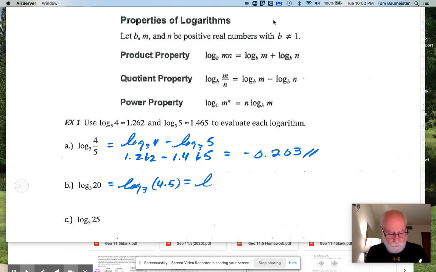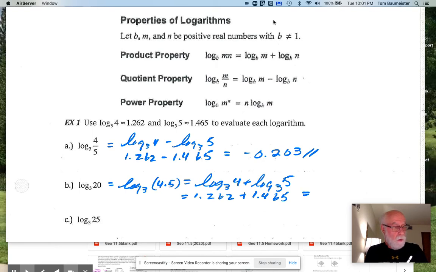And since it's multiplying, it's the product, we would say it's the log base 3 of 4 plus log base 3 of 5. And again, with that, we'll get 1.262 plus 1.465. And when we add those up, we'll get 2.727.